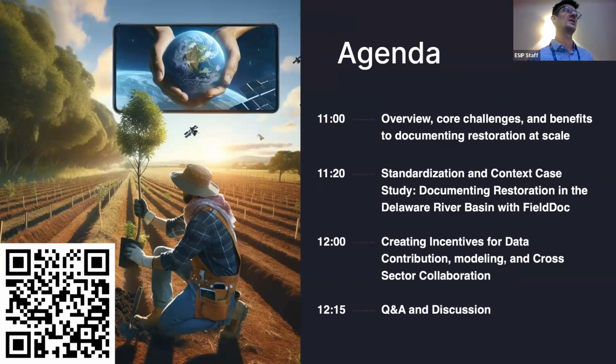A lot of our work is focused on helping organizations quantify restoration activities. What do I mean by that? There are a number of groups out there that go out, receive funding and support to implement things like forest buffers or introduce agricultural cover crops. So we're going to dive pretty deep into some of those challenges and benefits of getting those data collected and some of those respective solutions.